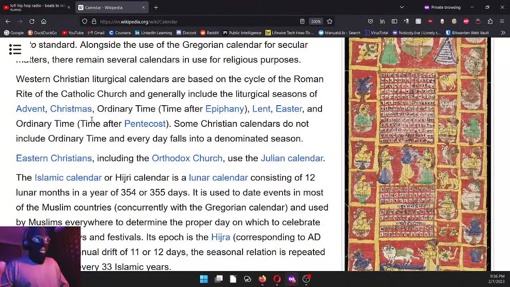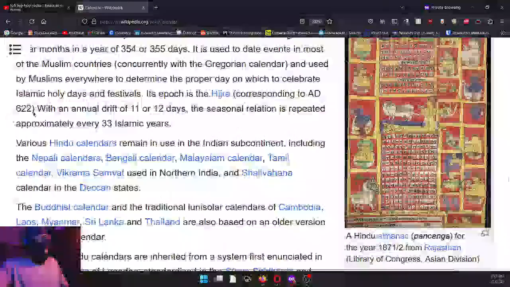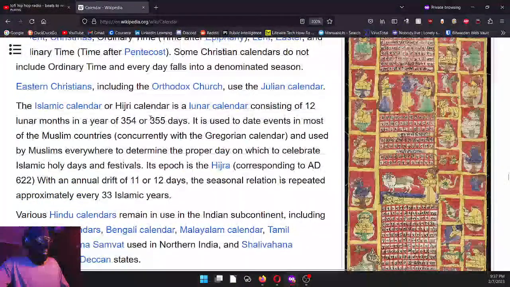Some Christian calendars do not include Ordinary Time, and every day falls into a denominated season. Eastern Christians, including the Orthodox Church, use the Julian calendar. Alright, it was particular for religious reasons.